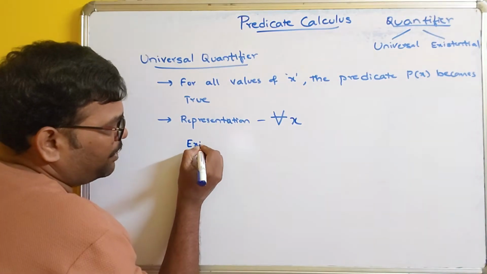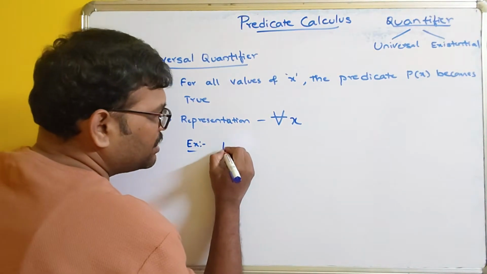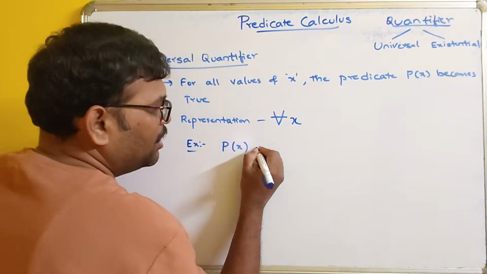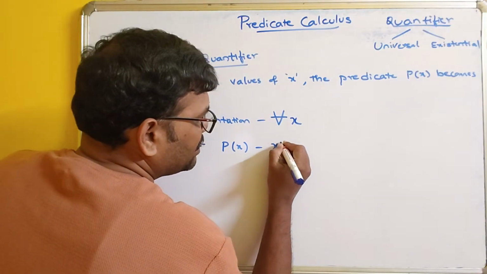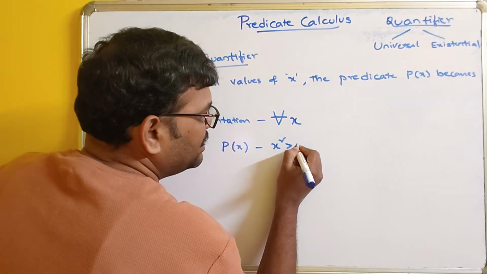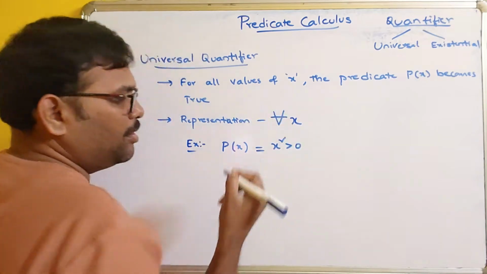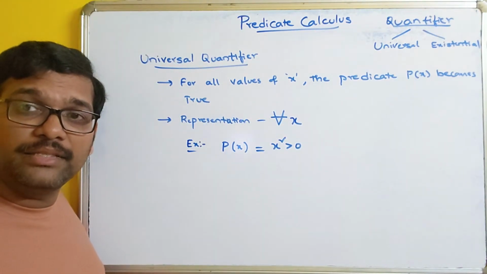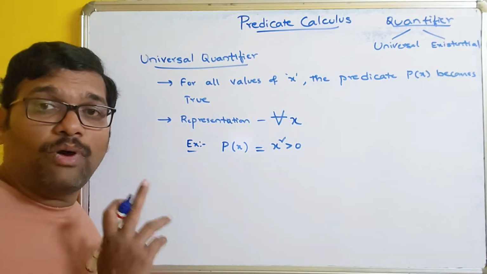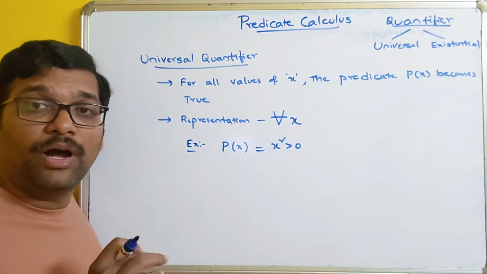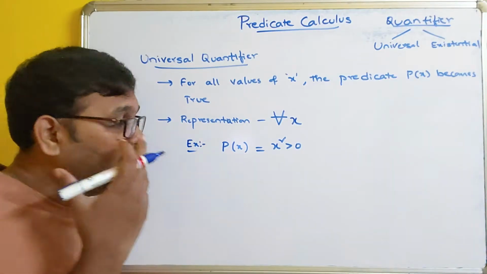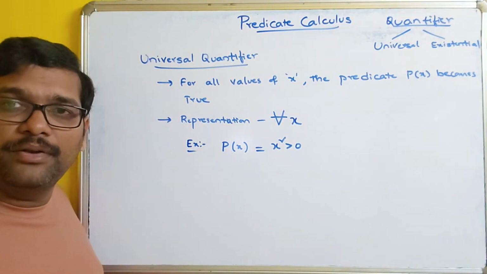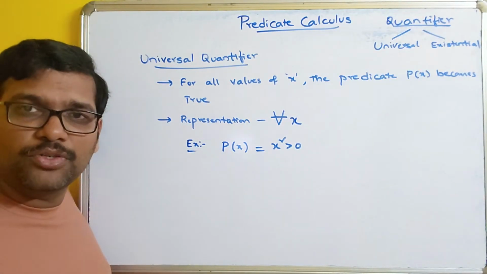Let me tell you an example. If I have a predicate P of x, which is x square greater than 0. What is the quantifier here? With the help of a quantifier, how does this predicate become true?